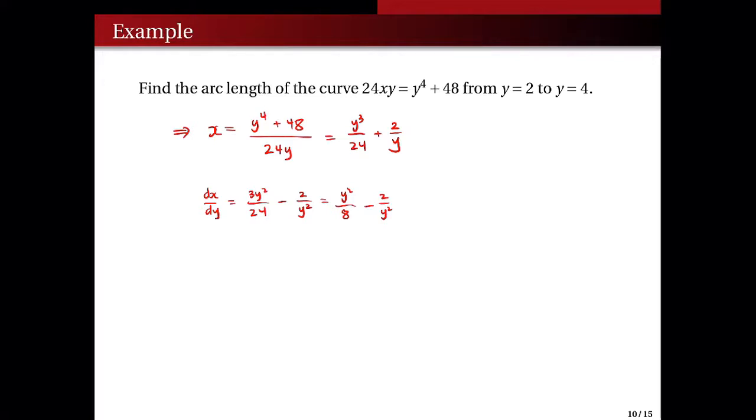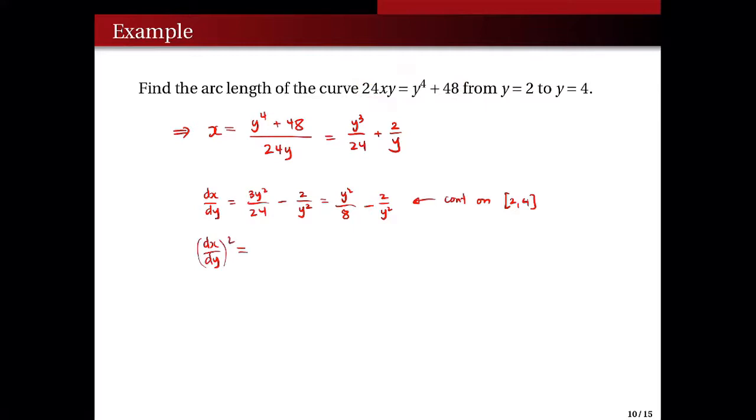Okay? And again, this is continuous on the interval 2 comma 4. So this function here, the function given by this expression here, it is smooth. Or the relation given by this expression here, it is smooth. And then next is to get the square of dx over dy.